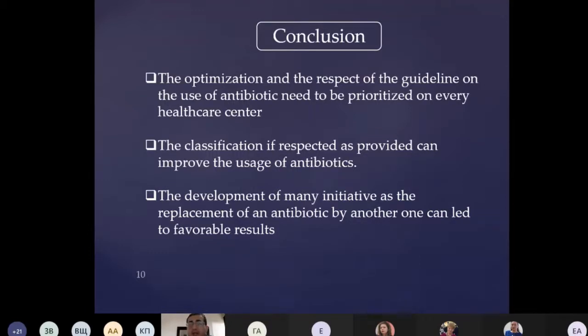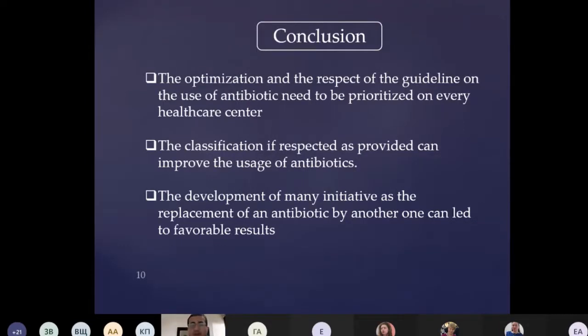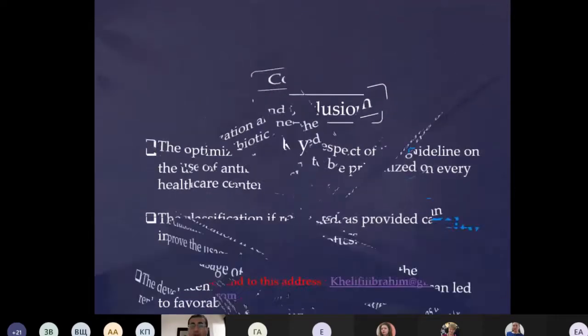The classification, as we mentioned, clean surgery, clean contaminated, and contaminated, respectively, provided improvement in the usage of antibiotics, and the development of many initiatives, such as the replacement of antibiotics by other ones, can lead to favorable results.